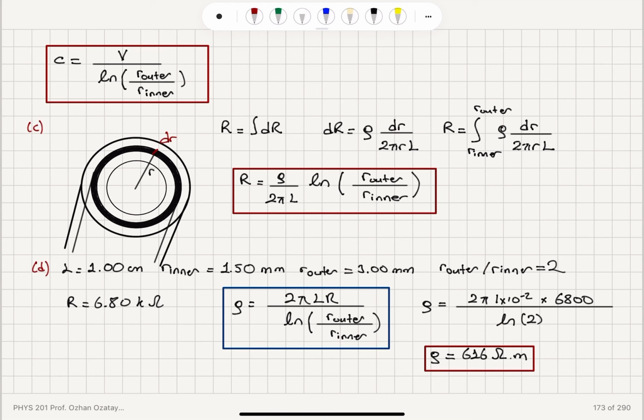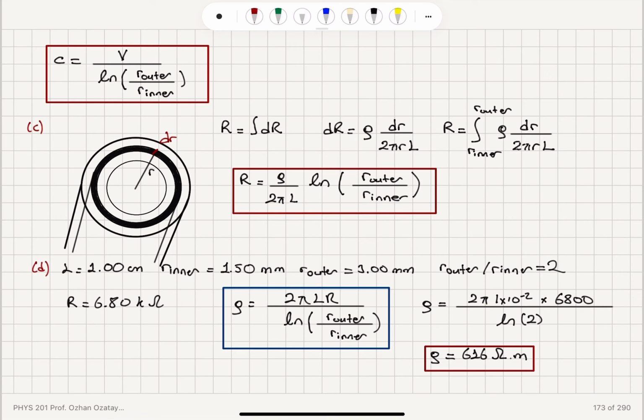So we have rho dr over 2 pi r L integrated from r inner to r outer, considering all such cylindrical shells. To get the total resistance, we find rho over 2 pi L natural logarithm r outer over r inner.